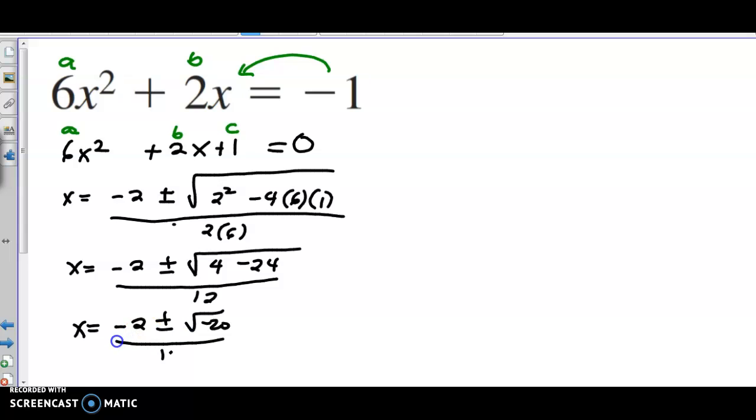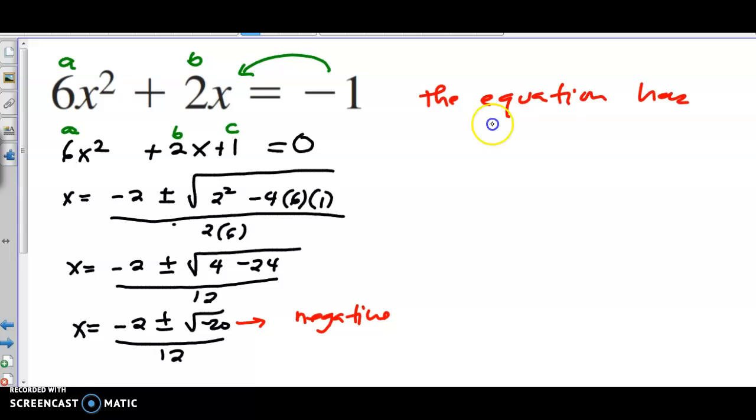All over 12. So since the radicand here is negative, the number under the radical sign is negative, it means that the equation has no solution. So the equation has no real solution.